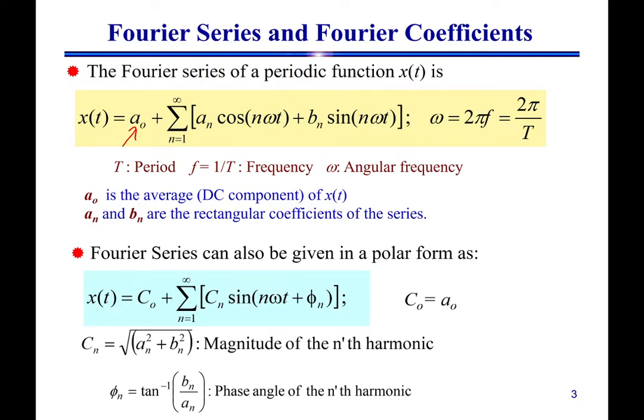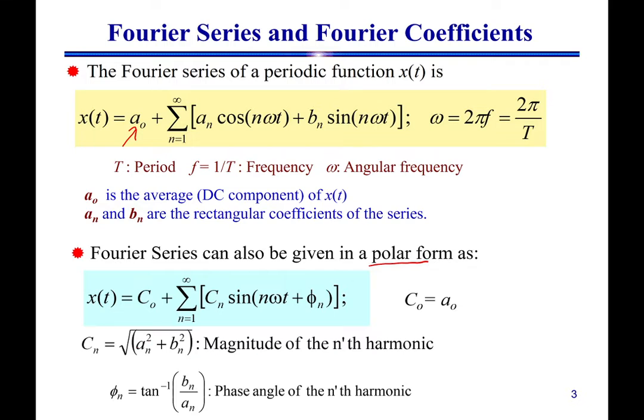The Fourier series can also be written as the following, and this one we call the polar form. It will be equal to C0 plus a summation of Cn sine n omega t plus phi, an angle, where Cn is the magnitude.